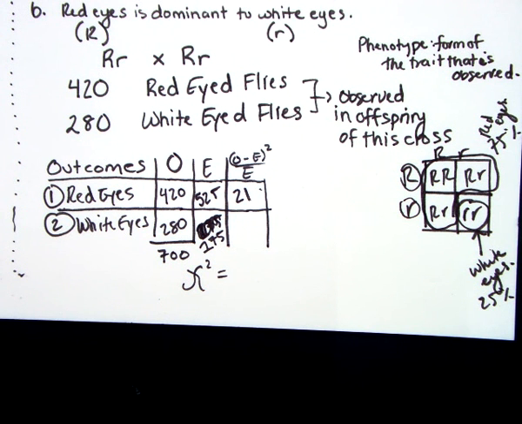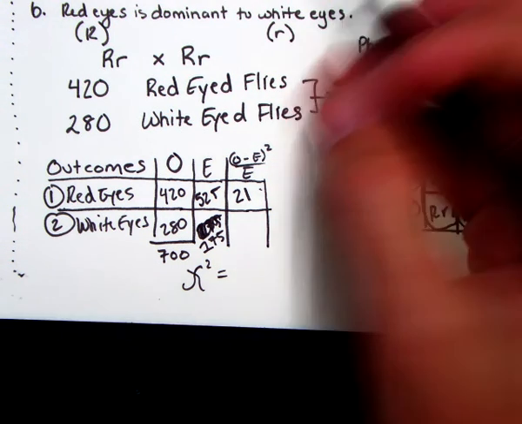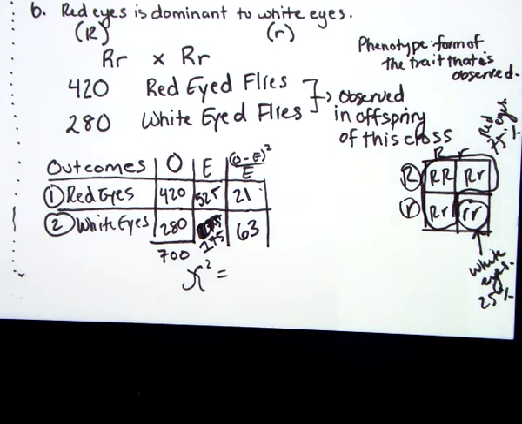So, 175. Yep, 63. So the mistake that I made was I divided by the same expected values that I used for red eyes.